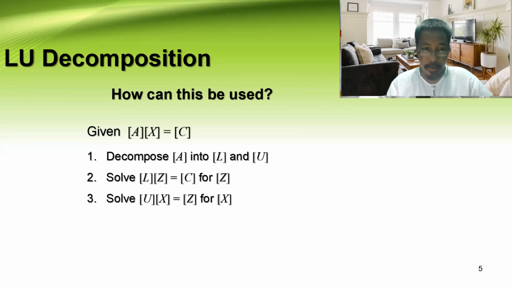Step 3: the upper triangular matrix times the variable vector X is equal to Z. So let us solve this for X. After solving in step 2 the values for Z, let us use those values as the vector in step 3 and solve for X. And X is our target variables to be solved.